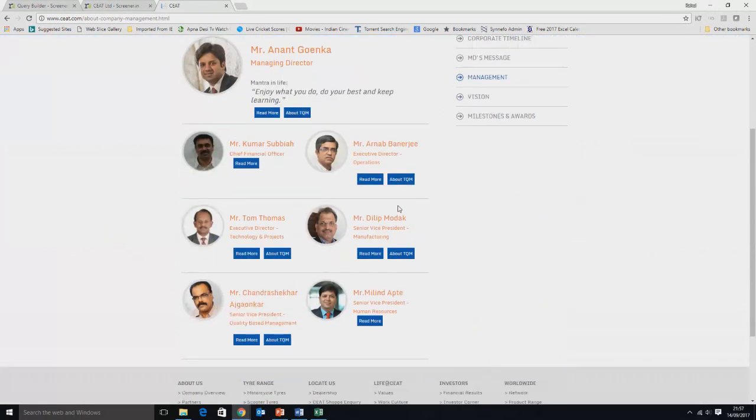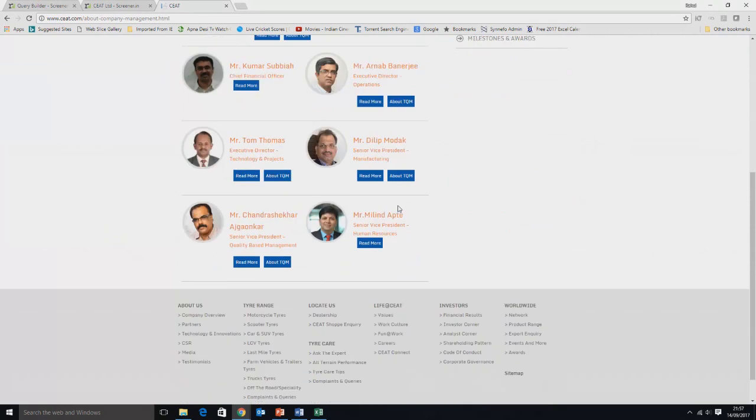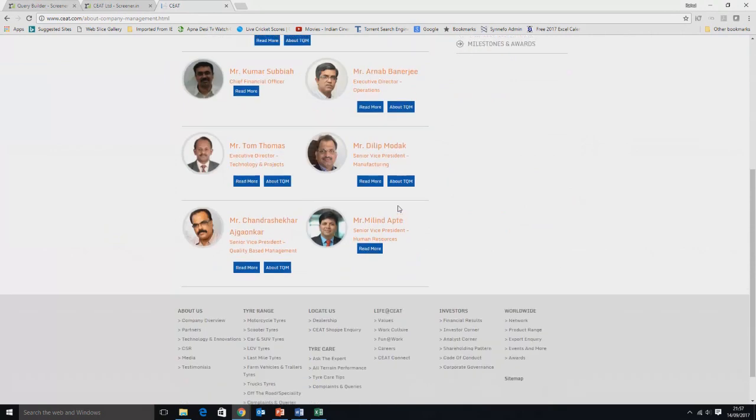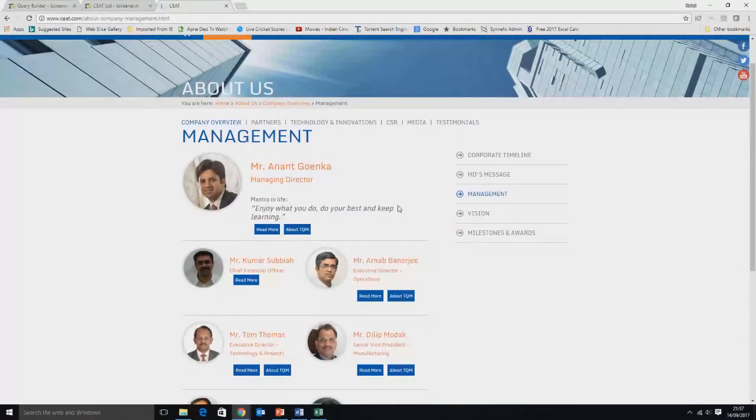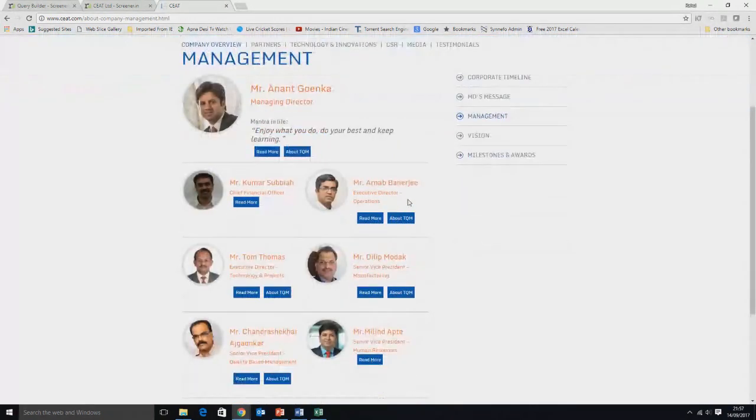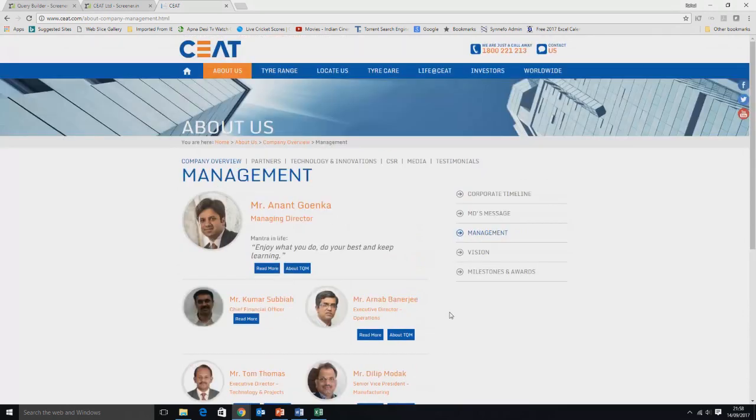Subaiya, Arnab Banerjee, Tom Thomas, Dilip Modak, Milinda Apte, Chandrasekhar. So one thing I realize here, it's not a family-run business, that it's just the proprietorship of any particular family, and if something goes wrong with that family, the business goes into the vein. So looking at these management guys, I'm very happy with the management.